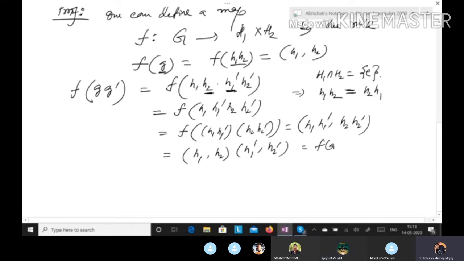So that is F of g times F of g dashed. So this shows that F is a homomorphism.